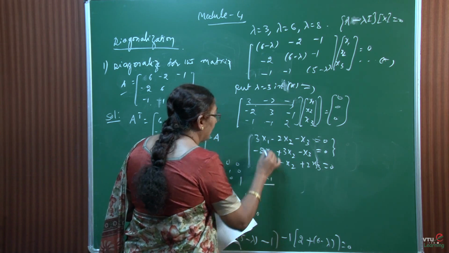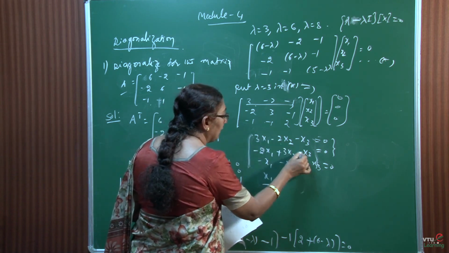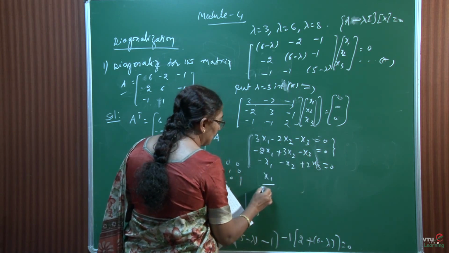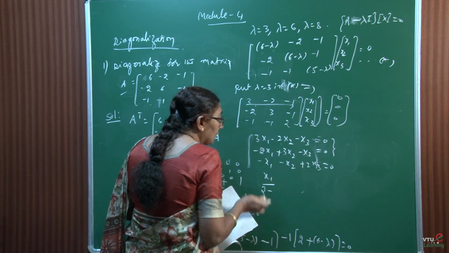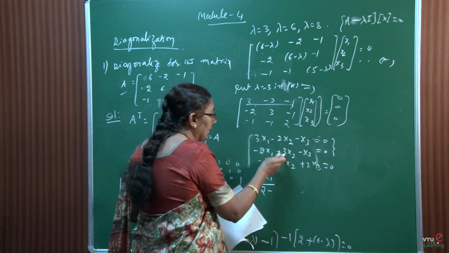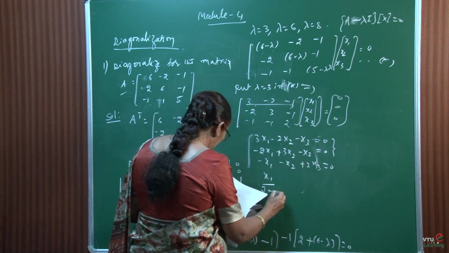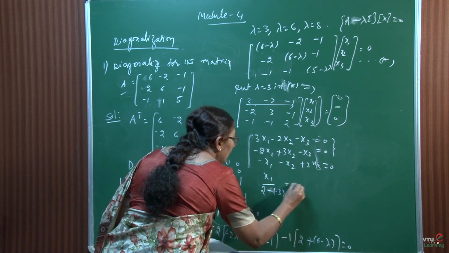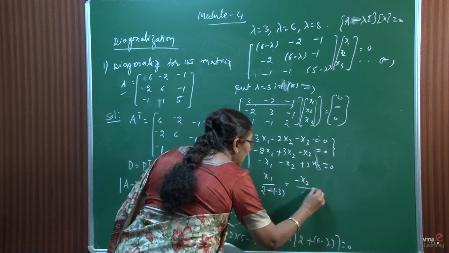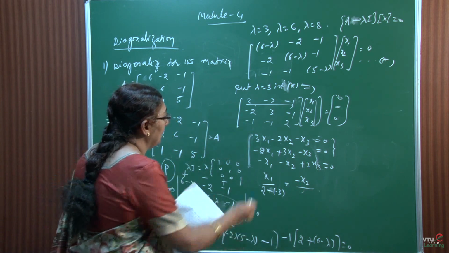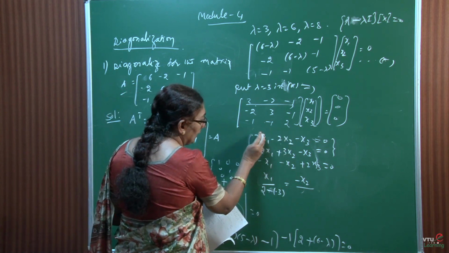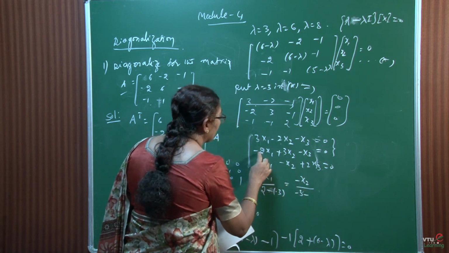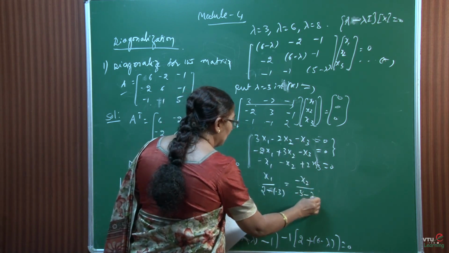x1 divided by, leave this column, you take the remaining. Just like cross multiplication, minus 2 into minus 1 is 2, minus 3 into minus 1 is minus 3, we get plus 3. Equal to, always the middle one is negative, minus x2 divided by, leave this, you take the first and last, 3 into minus 1 is minus 3, minus of minus 2 into minus 1 is 2.